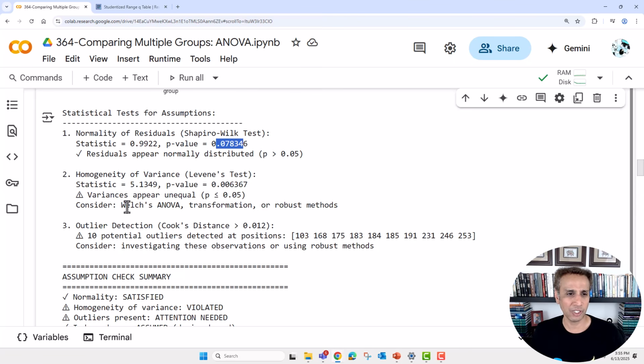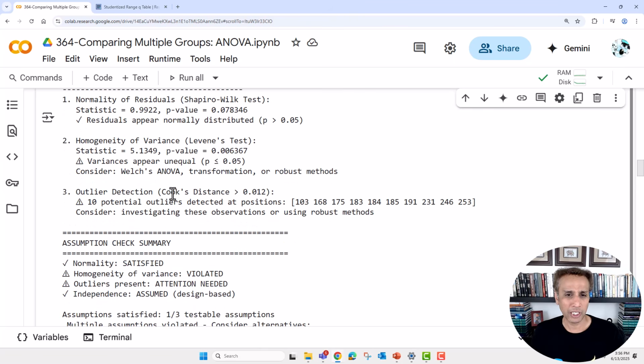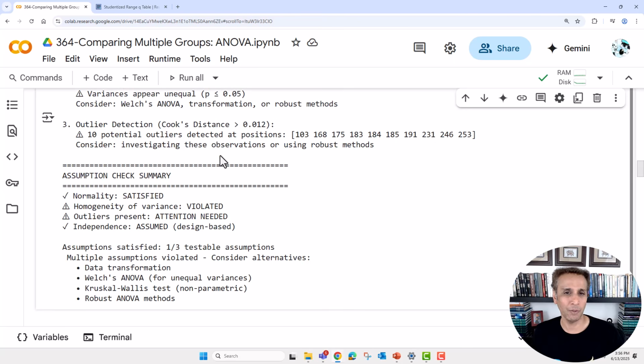Homogeneity of variance, Welch's ANOVA, it basically says variances appear unequal. It's not that unequal, visually looking at it, so I'm not super worried about it, but I'm going to use ANOVA anyway. But if it's very different, even visually, then Welch's ANOVA would be the right one to use for you. 10 potential outliers is okay out of all of these data points, so we can drop those.